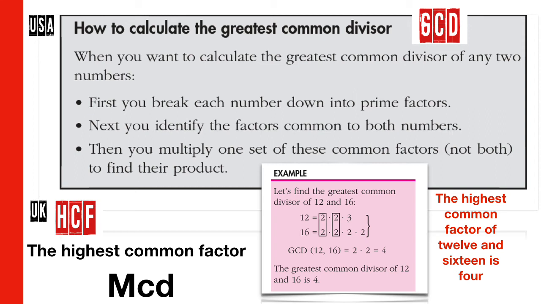So the greatest common divisor of 12 and 16 is 4. We can say the highest common factor of 12 and 16 is 4. Notice, when you read the highest common factor of two numbers, you don't have to read the brackets.